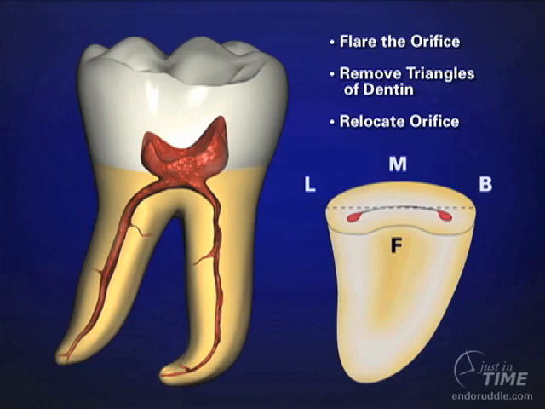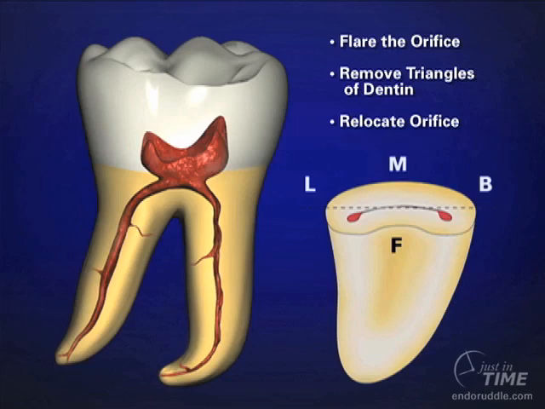This will simplify all subsequent procedures because a flared orifice more readily receives instruments. We want to remove triangles of dentin. All teeth have triangles of dentin, and these triangles of dentin are what push the handle on the hand file off axis and make the hand file come in at an awkward angle.